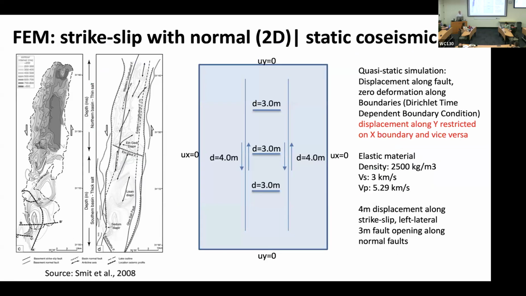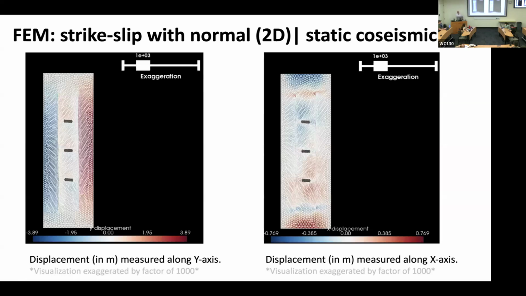Now we're working on more sophisticated models. That was using boundary element; now we're using finite elements. And here again, we look at the two strike slip fault systems with normal faults. This is two-dimensional, this is the motion in the y direction along here.